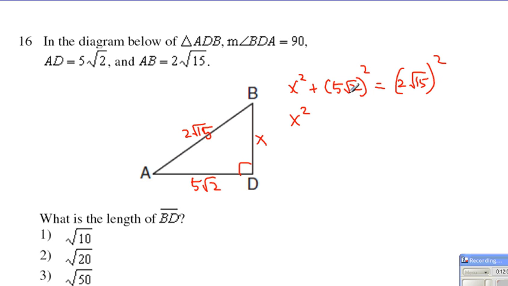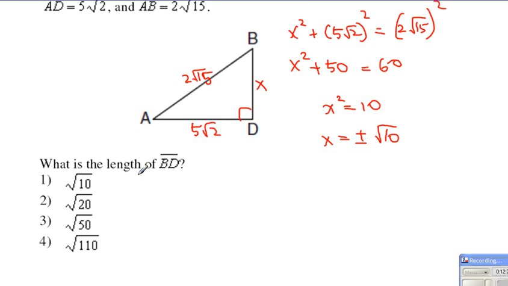When you simplify, x squared plus 50 is equal to 60. Then x squared is equal to 10, which makes x plus or minus square root of 10. Since it has to be a length, it cannot be negative, therefore our answer becomes simply positive square root of 10.